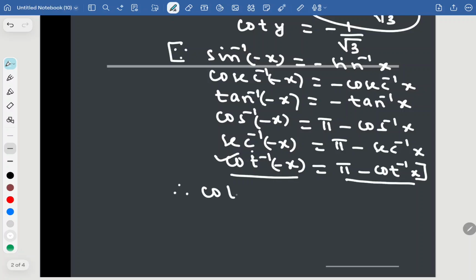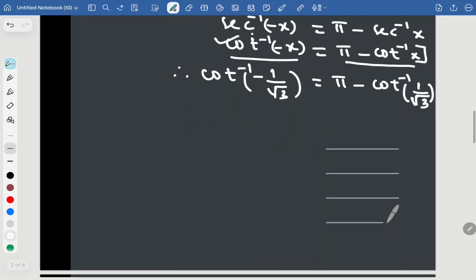Therefore, cot inverse of minus 1 by root 3 is equal to pi minus cot inverse of 1 by root 3.